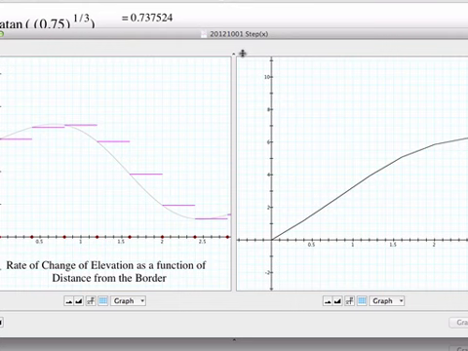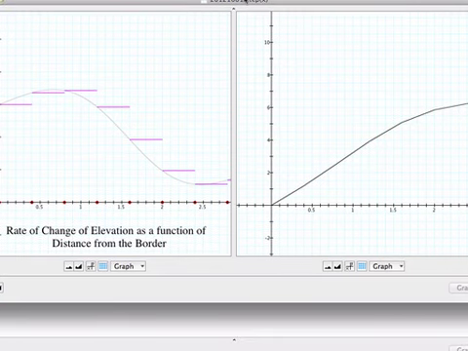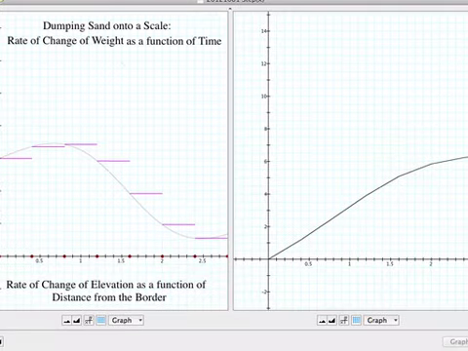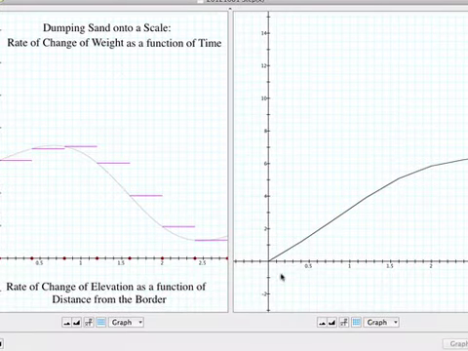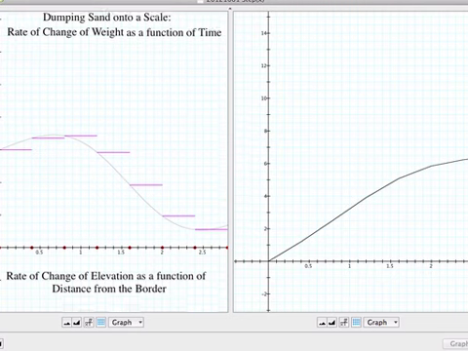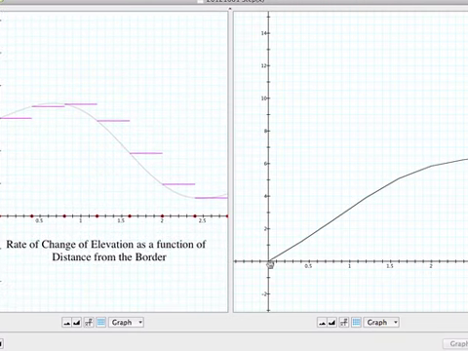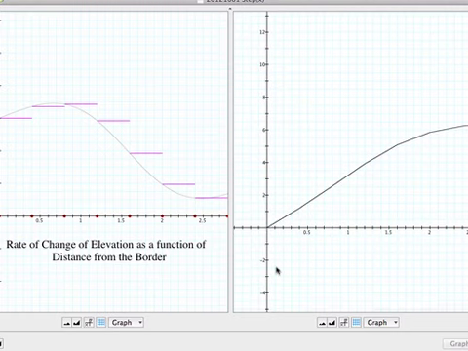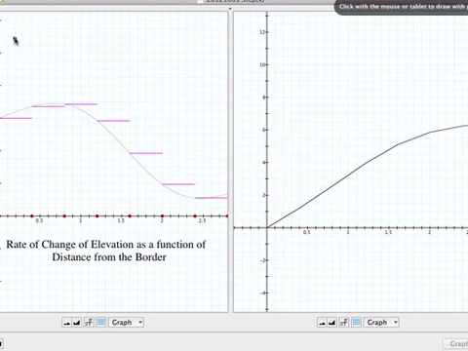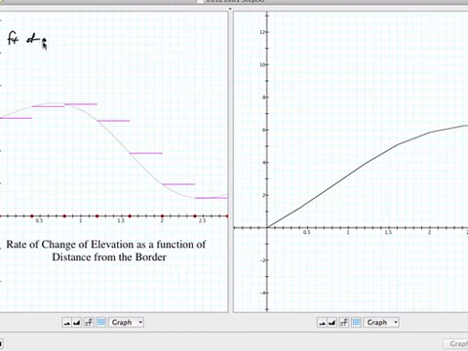Okay, so here's a scenario. The left-hand graph shows the rate of change of elevation, and that's in feet of elevation per 100 horizontal feet.